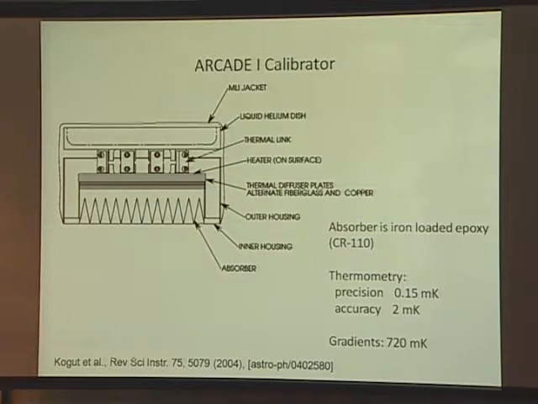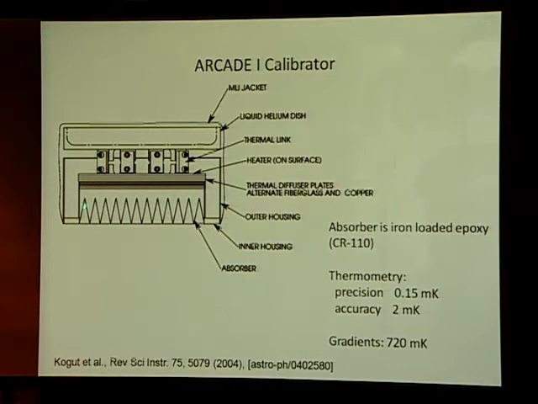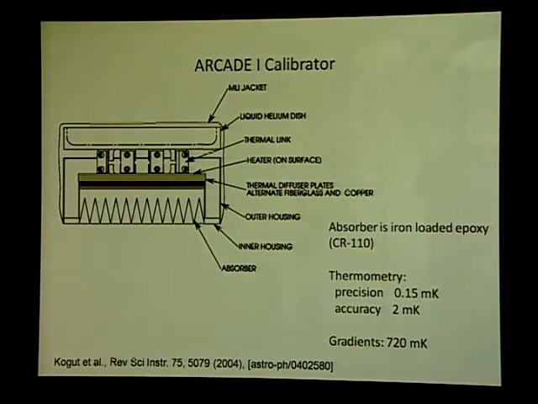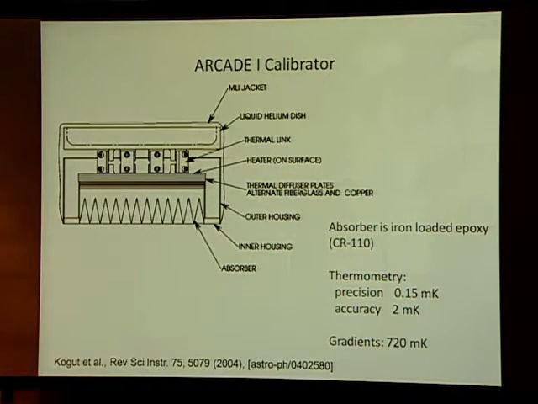The calibrator for this experiment, this is a cross-sectional view. It's a series of teeth here to, again, provide multiple bounces to make this black. The absorber was made out of an iron-loaded epoxy again. We also had pretty good thermometry with precision of about 0.15 millikelvin and accuracy of 2 millikelvin. Unfortunately, one of the things that limited our experiment was that there were gradients in the calibrator from the front edge to the back of about 0.7 Kelvin.